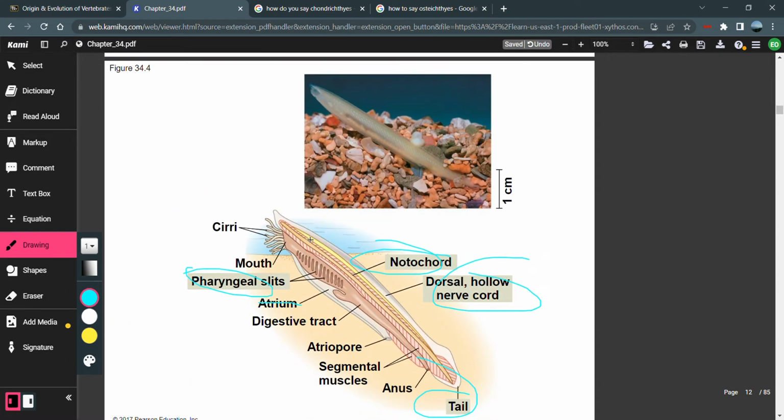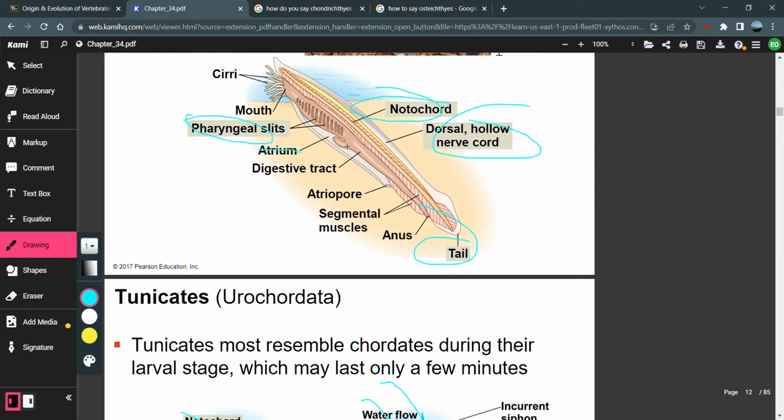So these pharyngeal slits are covered in mucus to capture food, and these pharyngeal slits have cilia, which push that food into the digestive tract of the animal.